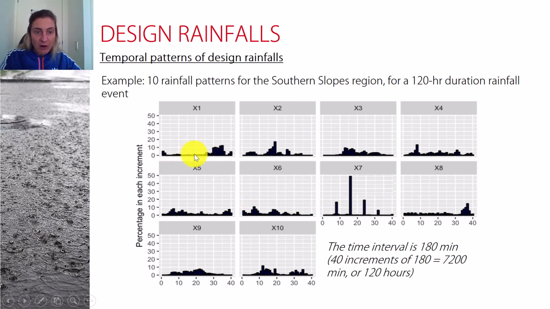And this is how the patterns have been developed. And remember that these patterns are not random patterns, they are patterns that actually exist, they actually have the same probability of occurrence. So we have 10 rainfall patterns of same probability of occurring for that duration rainfall, okay?